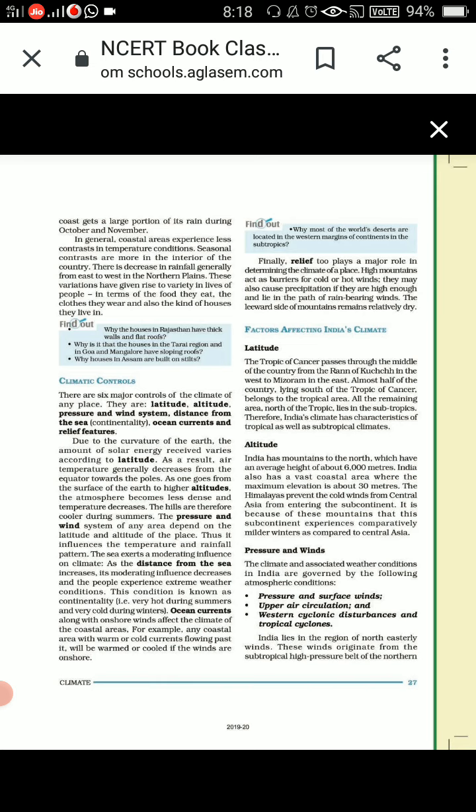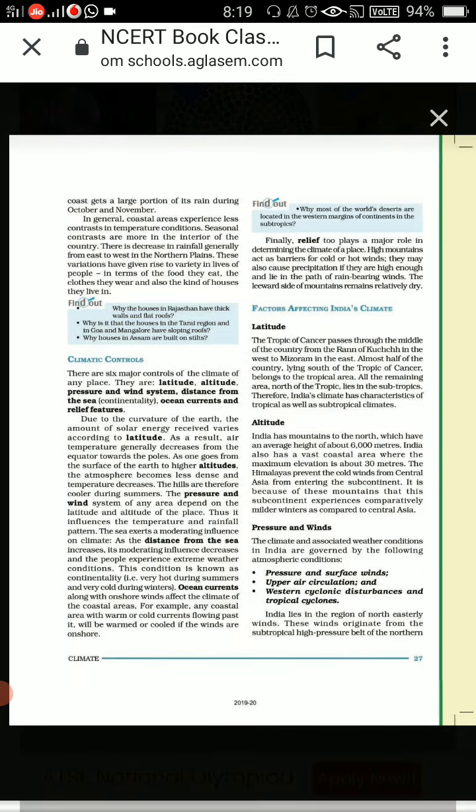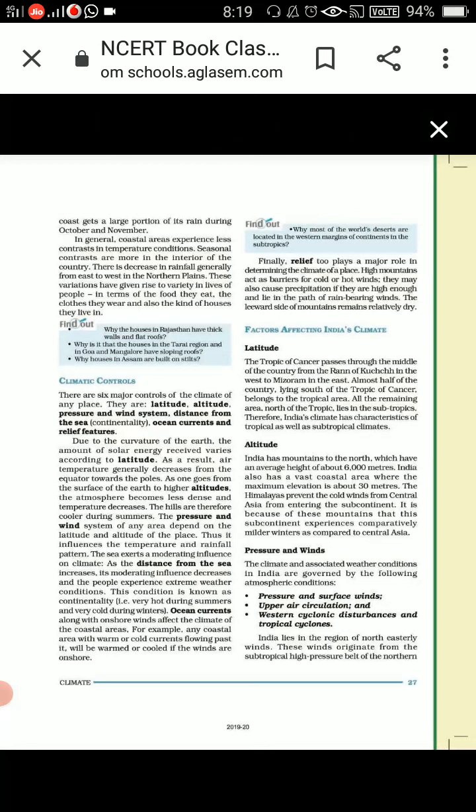Then comes the relief. That is also going to play a very major role in determining the climate. High mountains are going to act as a barrier for cold and hot winds. They can also cause precipitation, because they are high and they are lying in the path of rain-bearing winds. So the relief is also going to play a big role.